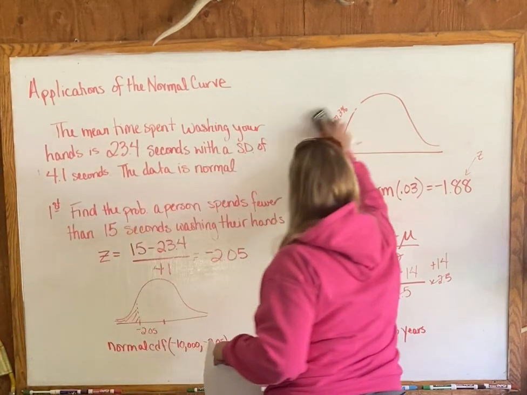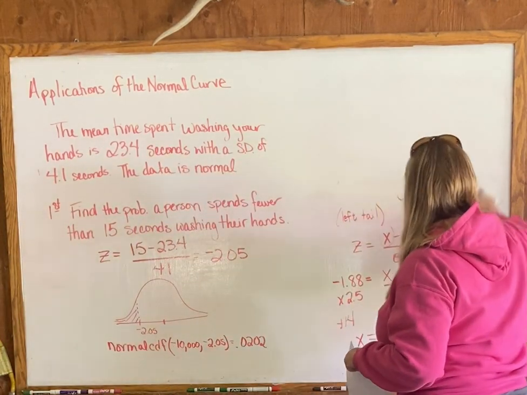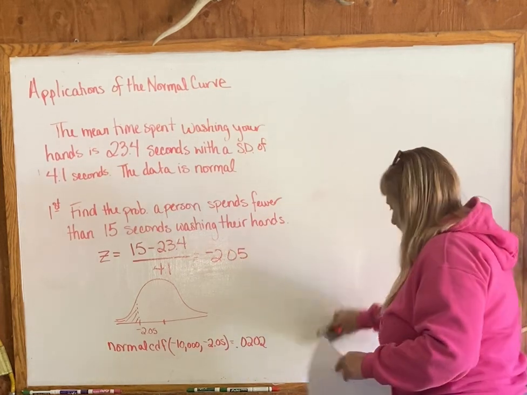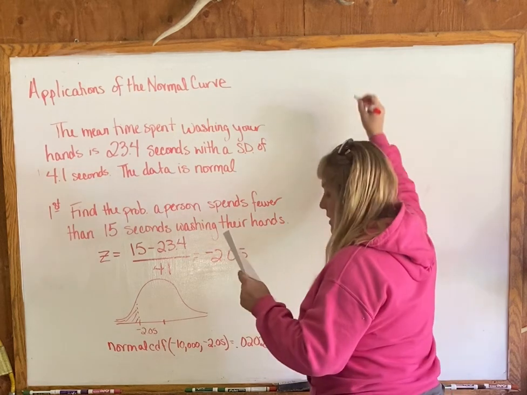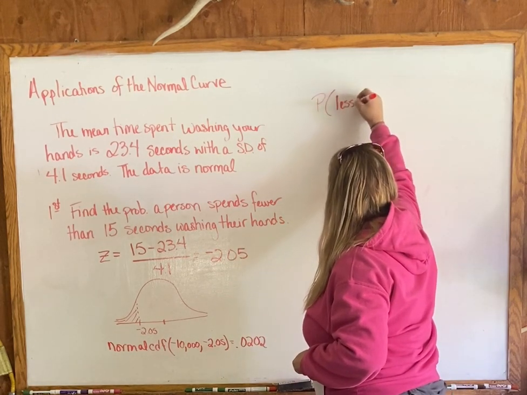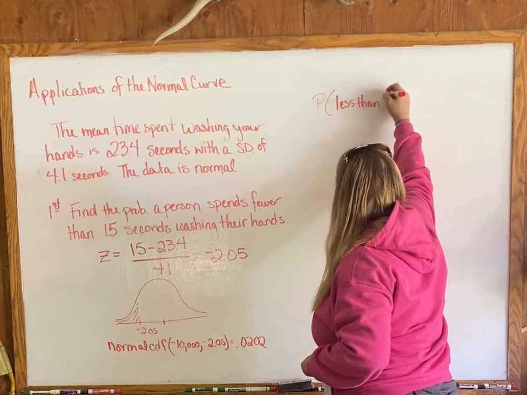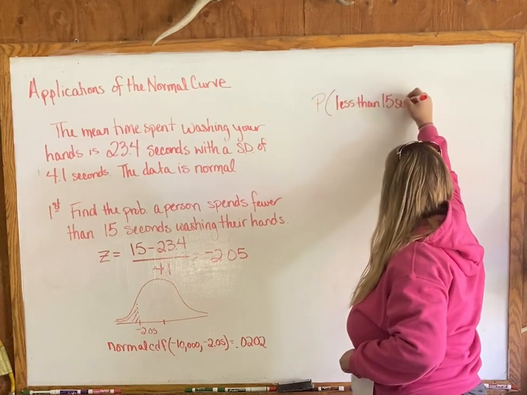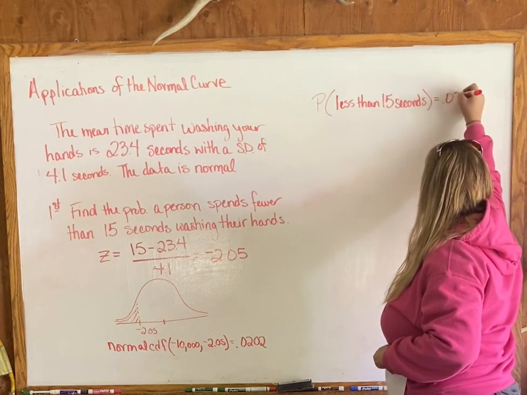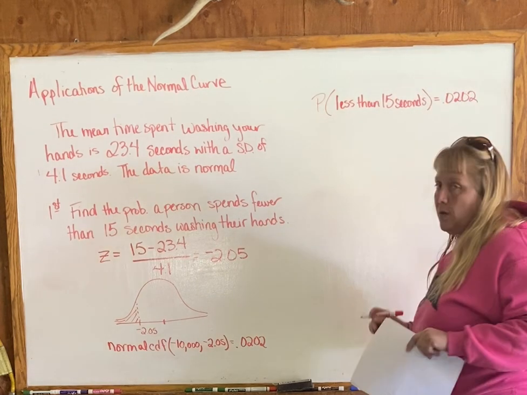So remember, don't leave your answer like that. Make sure you just finish it off real quick. So this then would be the probability that we are less than 15 seconds, 0.0202.